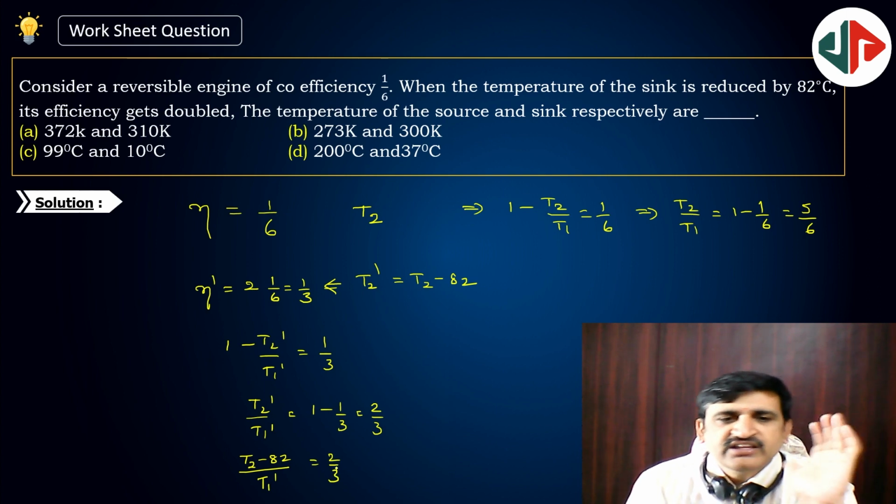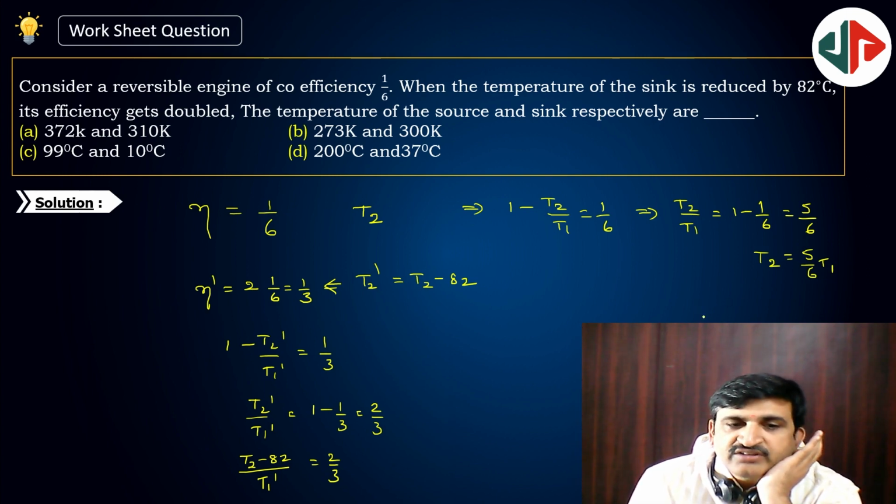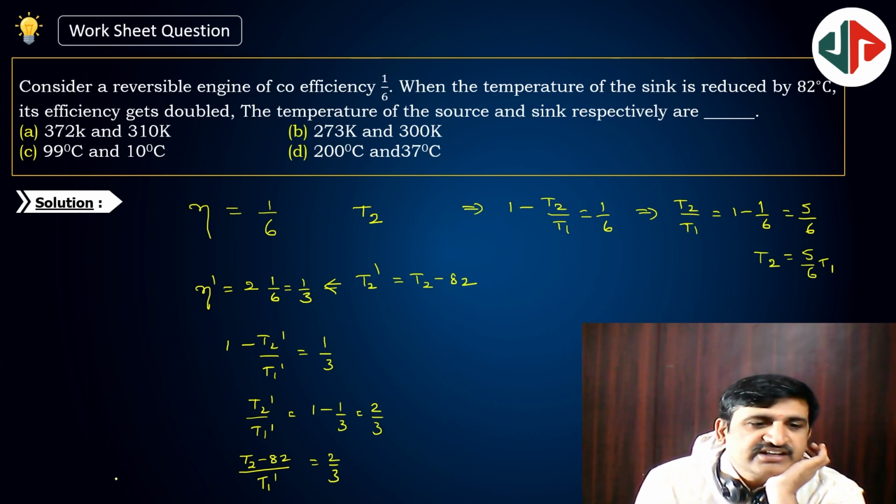These are the things we got. So here we can write T2 is equal to 5 by 6 T1. T1 is not changed, only T2 is changed, so I can substitute the same value here.